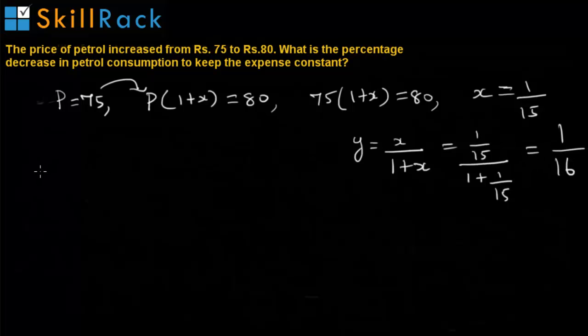Let the consumption be C liters of petrol. Now this consumption is decreased by a factor of 1 by 16. So C into 1 by 16 is equal to the decrease in petrol in liters.